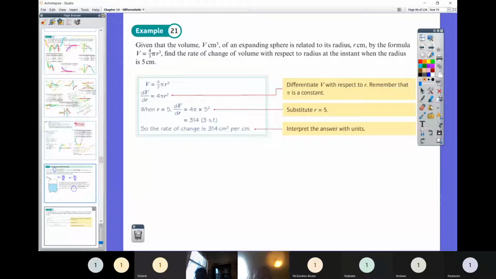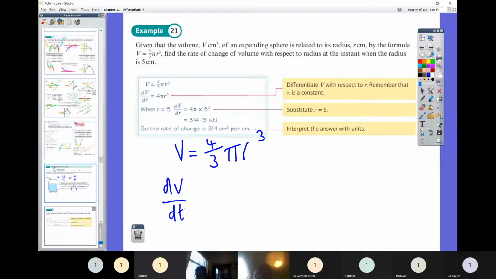Given that the volume V of an expanding sphere is related to its radius by the formula V equals 4/3 pi r cubed, find the rate of change of volume with respect to radius at the instant when the radius is 5 centimeters. So V equals 4/3 pi r cubed, as we know, that's the volume of the sphere. We go and differentiate that with respect to time.